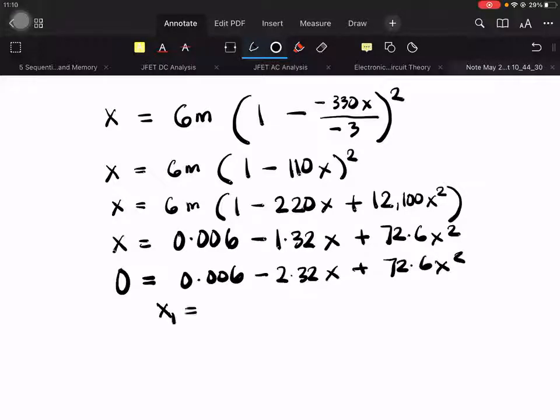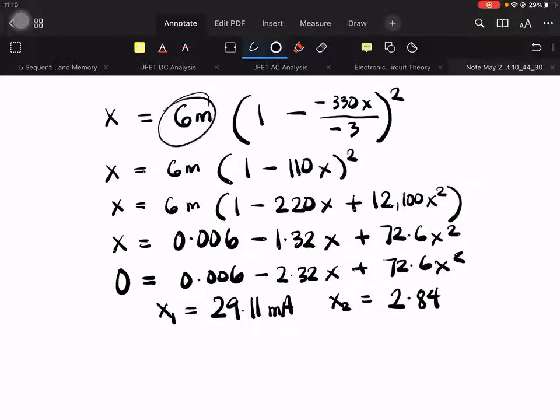X1 is equal to something, X2 is equal to something. Solve for the roots of the quadratic equation. One is 29.11 and the other is 2.84, close enough.